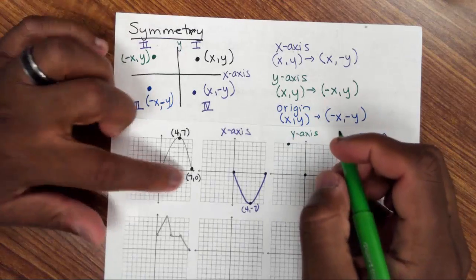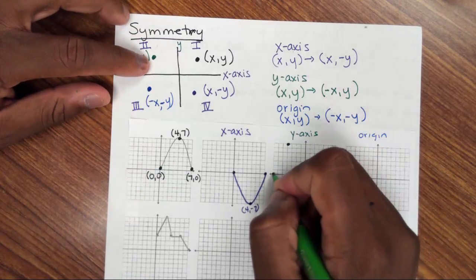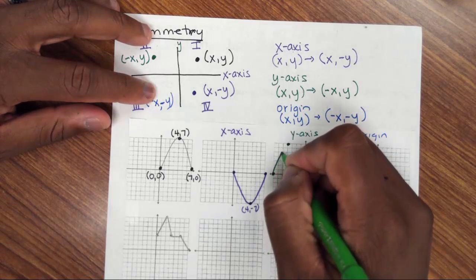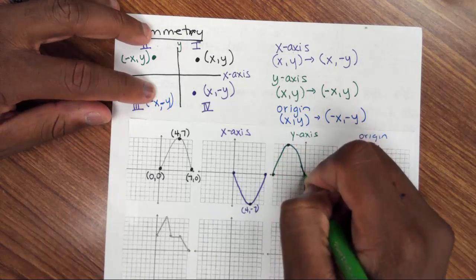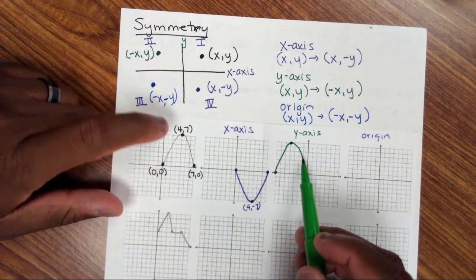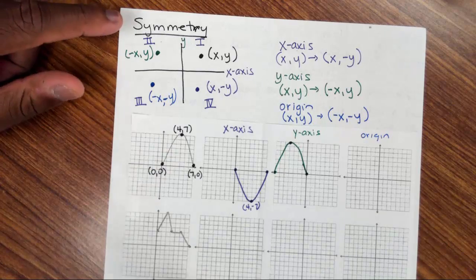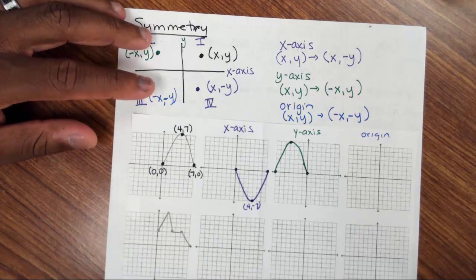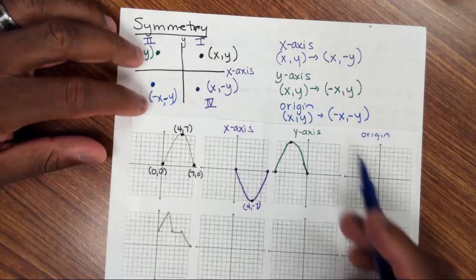And 7, 0 becomes negative 7, 0. So we get this function. Is this a reflection of the original function across the y-axis? Yes. And then in origin symmetry, here's what happens.